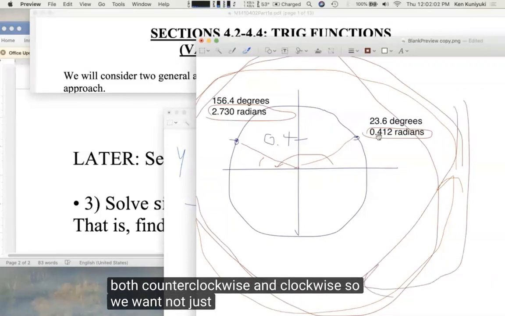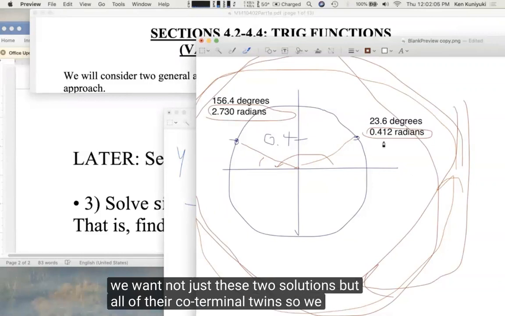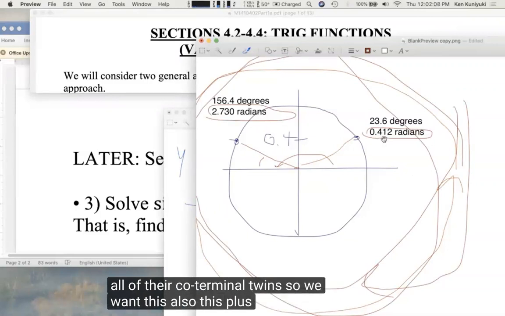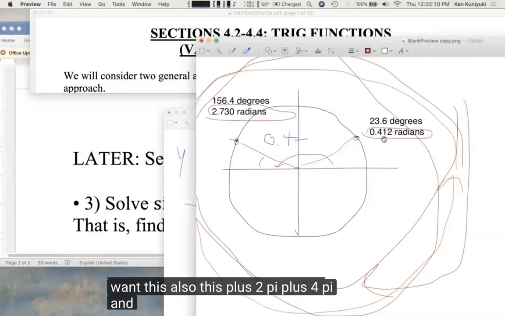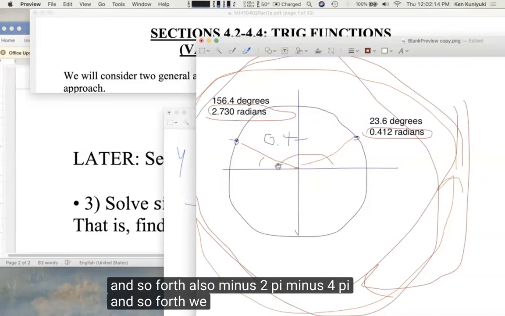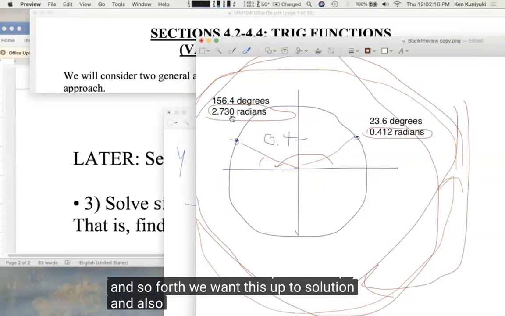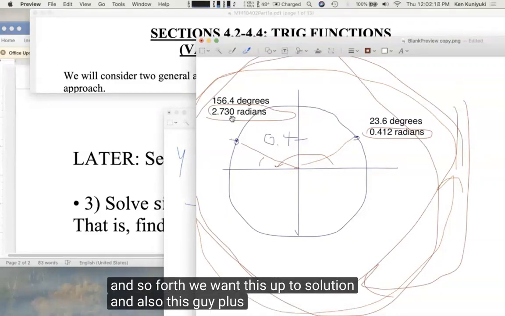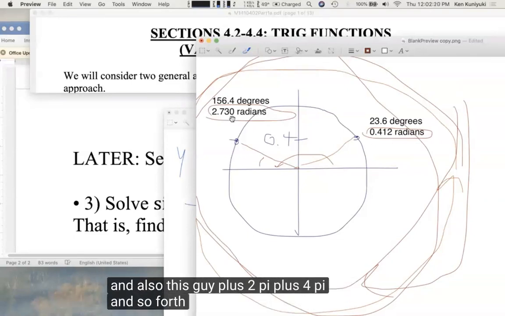So we want not just these 2 solutions, but all of their coterminal twins. So we want this, also this, plus 2 pi, plus 4 pi, and so forth. Also minus 2 pi, minus 4 pi, and so forth. We want this obtuse solution, and also this guy plus 2 pi, plus 4 pi, and so forth, and minus 2 pi, minus 4 pi, and so forth.